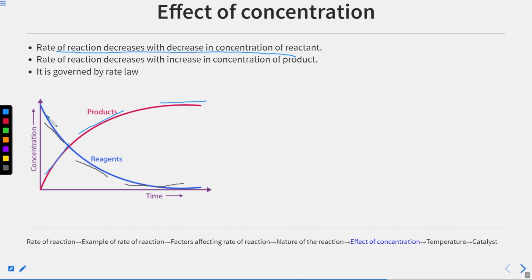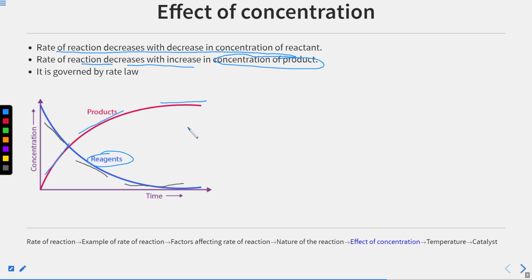So you can see very clearly that the reaction rate is decreasing as the reactant concentration is decreasing. Here it is reagent, same thing, no problem. The second point is that if the product concentration is increasing, then the rate of reaction would also decrease. Here you can see it very clearly.